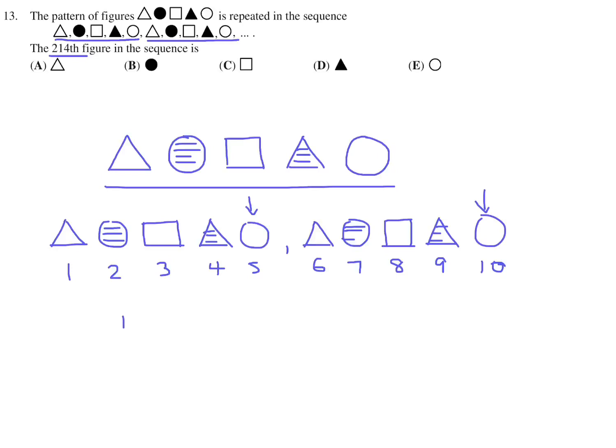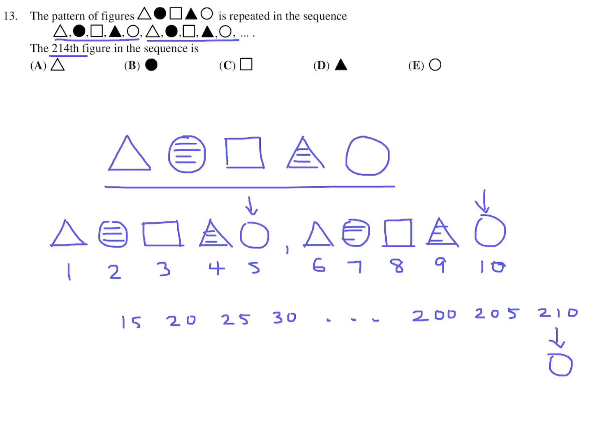So that means the 15th one, the 20th one, the 25th one, 30th one, and so on. Every multiple of 5. So if you keep going, that's going to go all the way up to 200, 205, 210, and so on. So this will be an empty circle, 210.